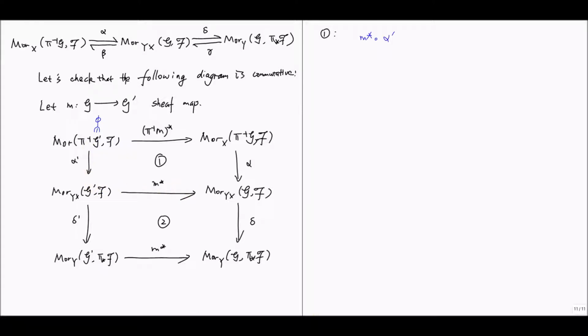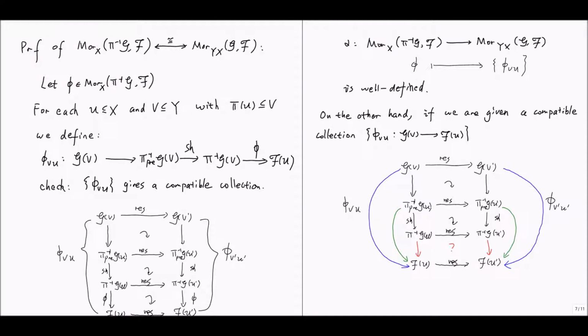We apply it to phi and use the definition for alpha prime, and we will get M star of a compatible collection defined by taking the composition of 3 maps in here.